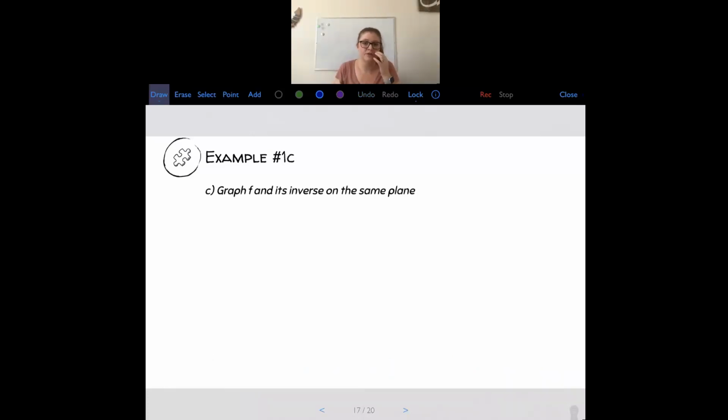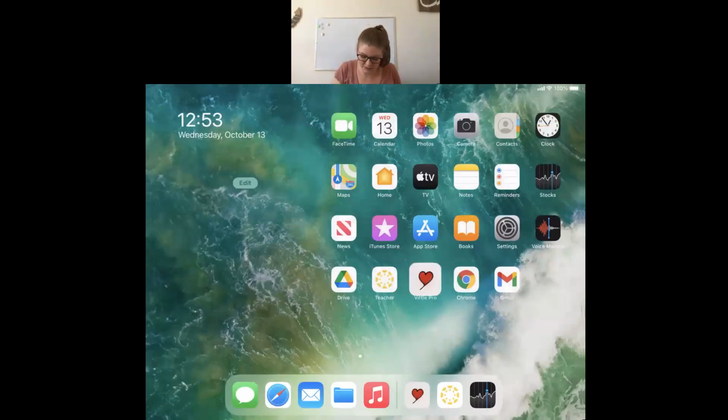Next, part of this question is to graph f and its inverse on the same plane. We haven't really talked about graphing a function like this, so we're going to talk about how to do that and how to sketch it. Remember that you can graph f and then reflect it across the line y equals x in order to graph the inverse. First I'm going to show you what it looks like on a graphing software called Desmos.